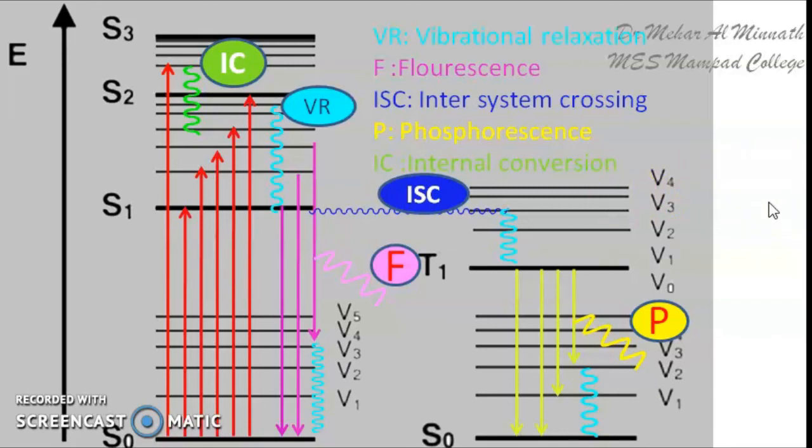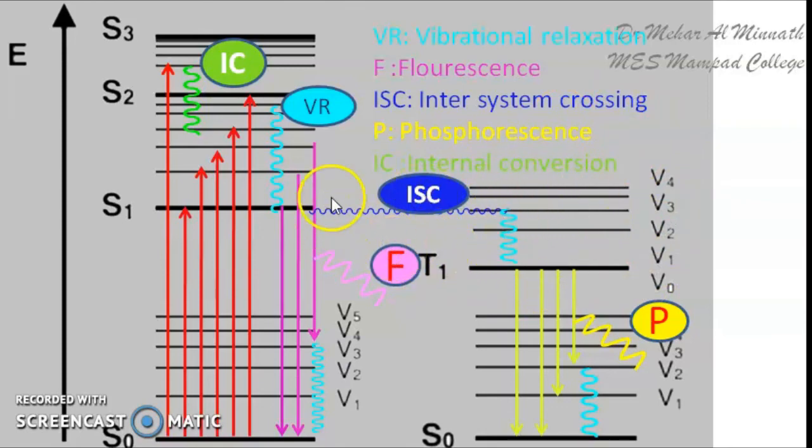It is the energy representation diagram of the various transitions happening when a molecule absorbs light during a photochemical reaction. Now the photochemical reaction usually happens over here, in the triplet state, so we need to discuss more about that.